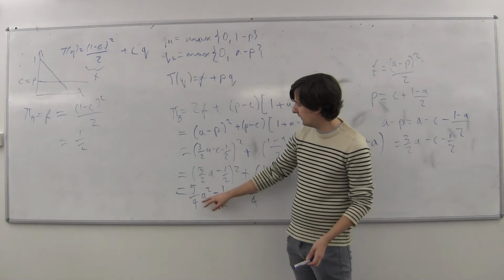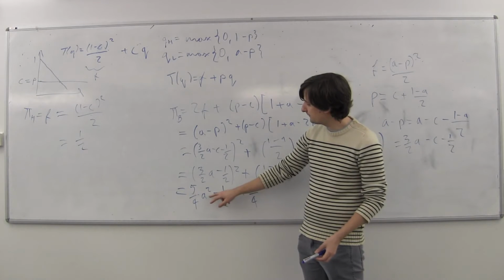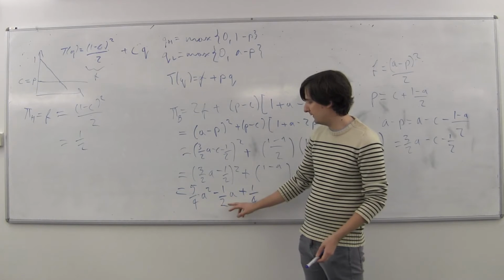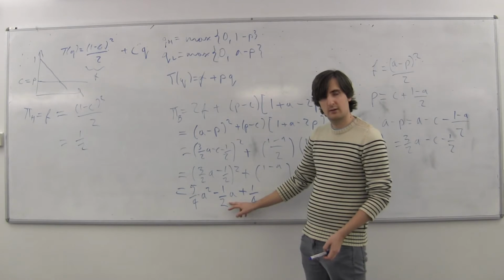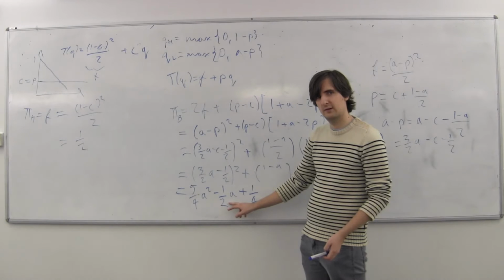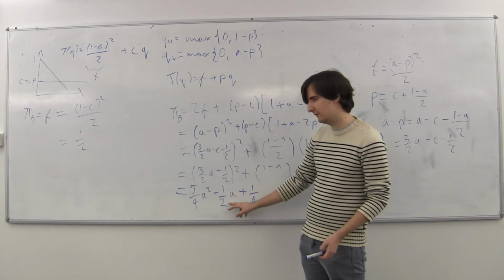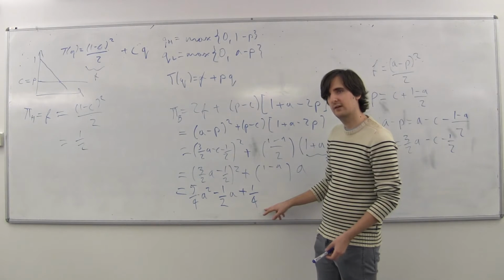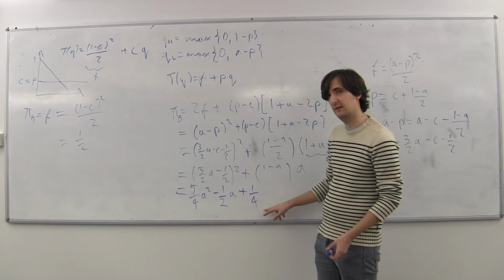When A is 1, well then we get 5 over 4 minus a half. What's 5 over 4 minus a half? That's 2 over 4, so 3 over 4. 3 over 4 plus a quarter is 1. Okay, that makes sense, doesn't it, right?